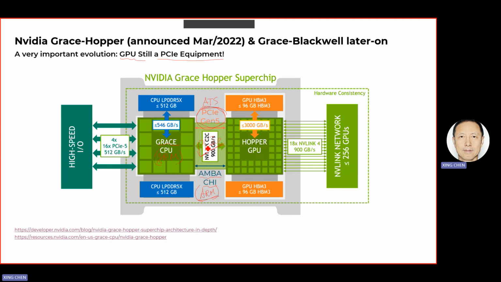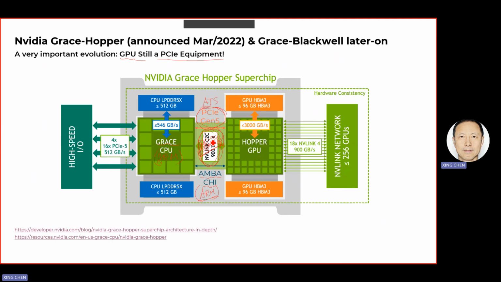Normally, for x86, we use the PCIe link. For the ARM CPU, they have dropped this PCIe link and replaced it with the NVLink. And the NVLink is supposed to be much faster than the PCIe link.